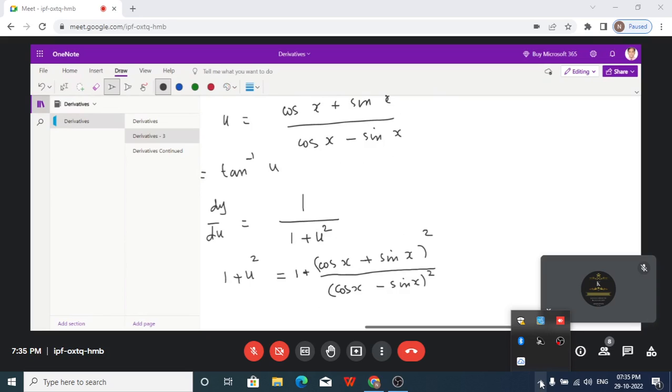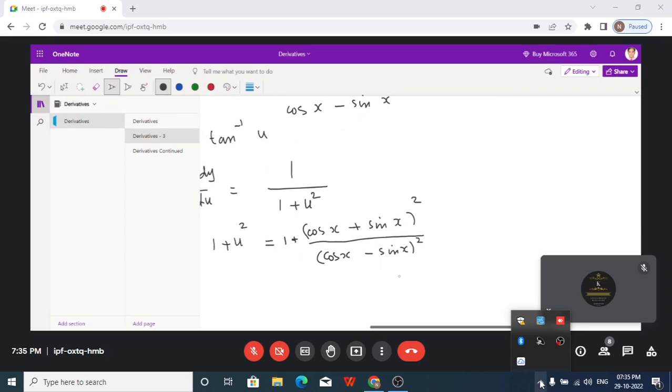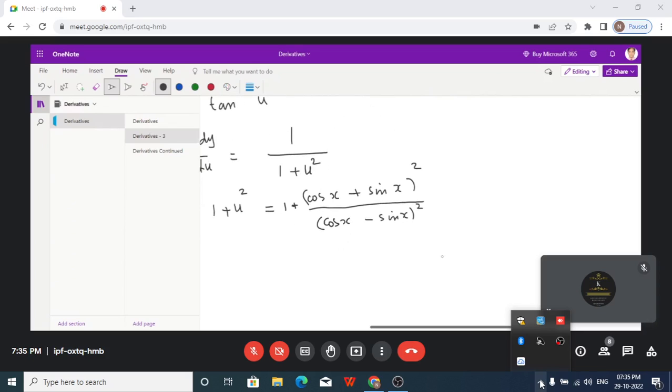So 1 plus u square equal to 2? Let me do it.